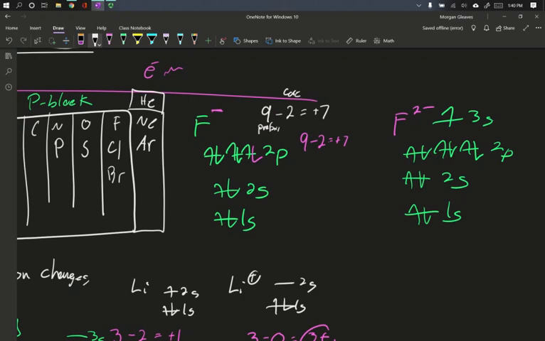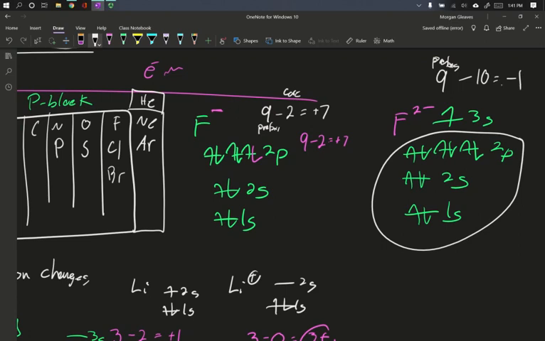And if we think about how strongly that one's held, there are 9 protons, still, it's fluorine, but now there are 10 core electrons, for a Z effective of -1. As far as that 3s electron is concerned, it's not being attracted, it's being repelled. Because you have to put it in a higher shell, it's not going to be attracted.